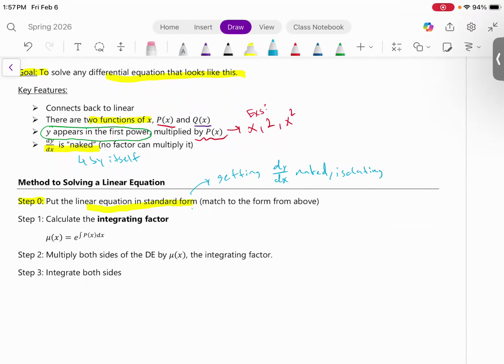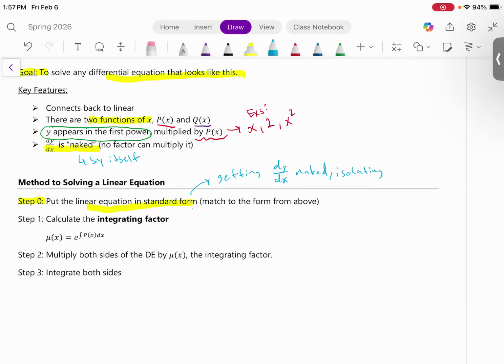We call it step zero because sometimes the question for the differential equation is given to us with dy over dx already naked, but sometimes it's not. So we say step zero. That's the first thing we got to do for the problem, just in case.